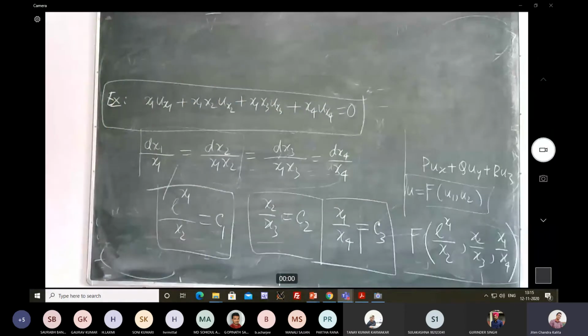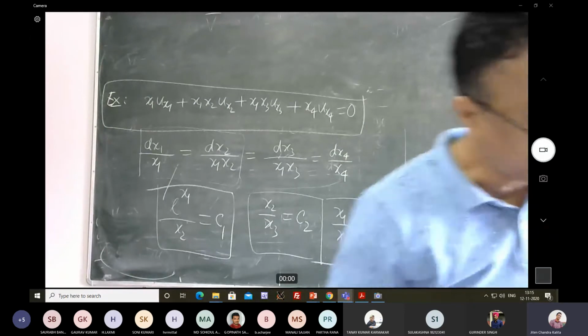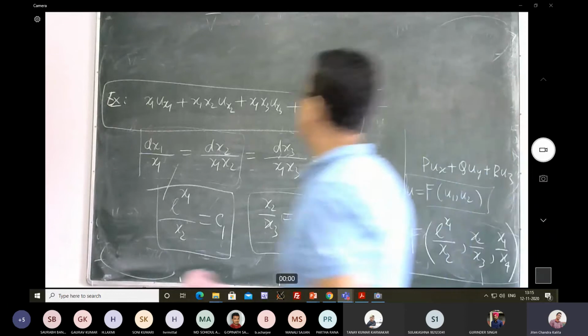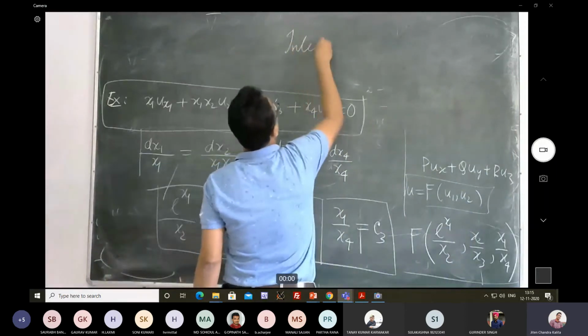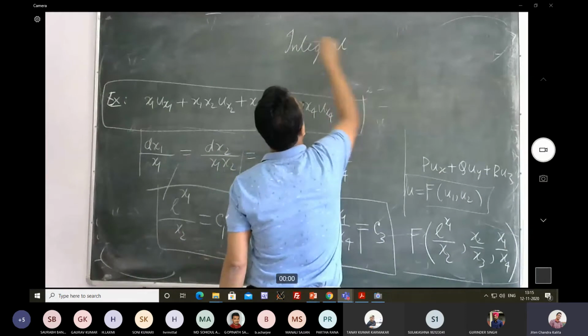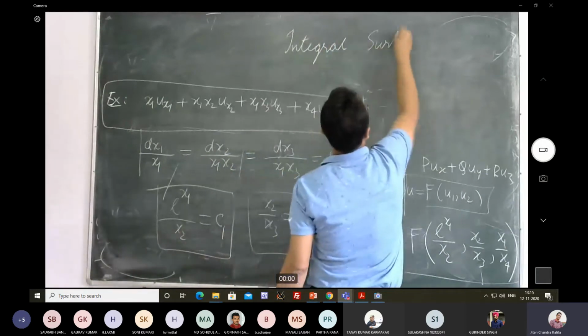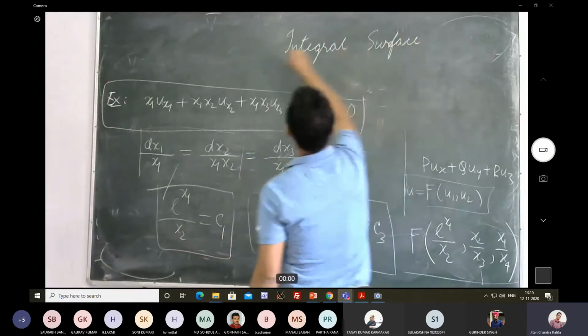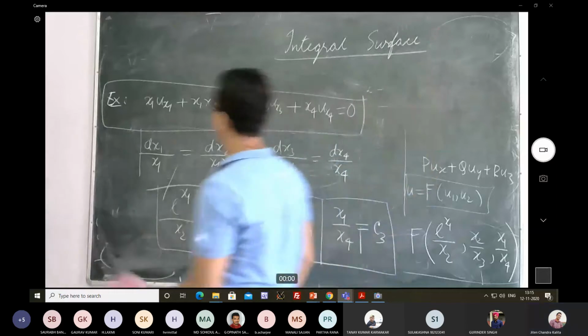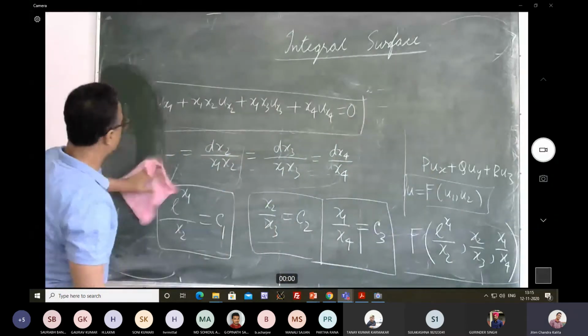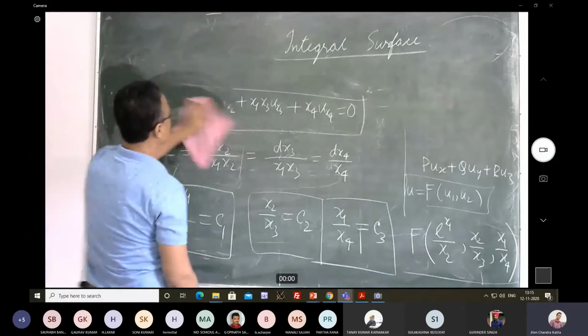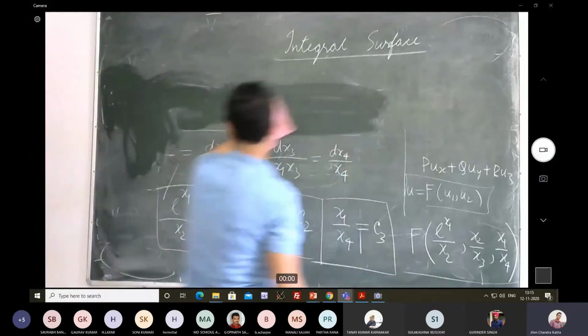So now I'll be able to start one concept, which is going to be very important: integral surface. Okay, integral surface. So far we have talked about the integral curve, right?